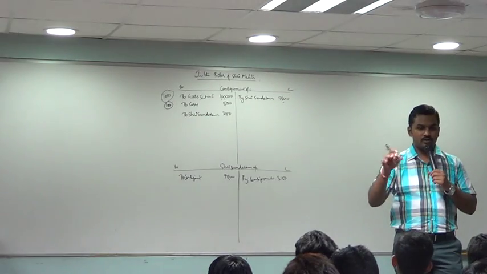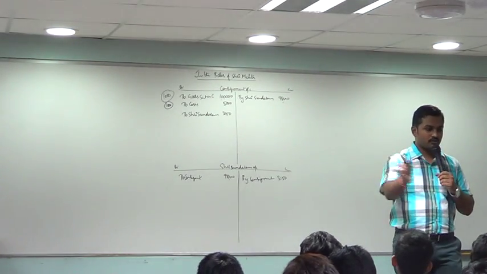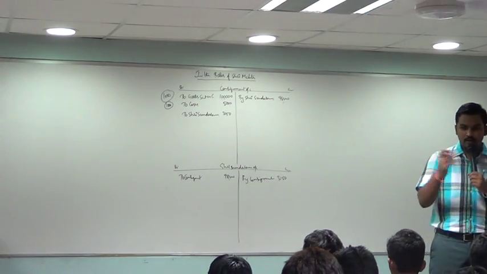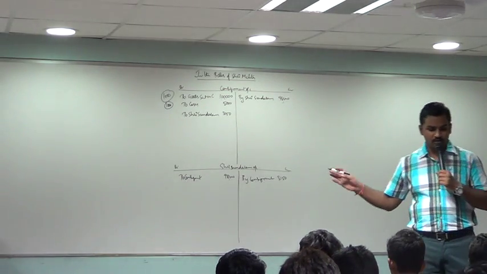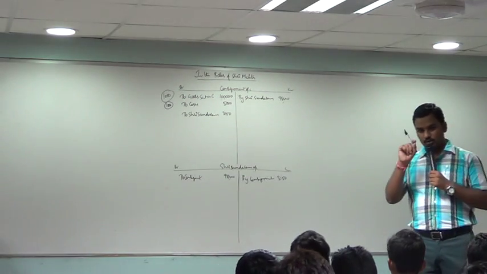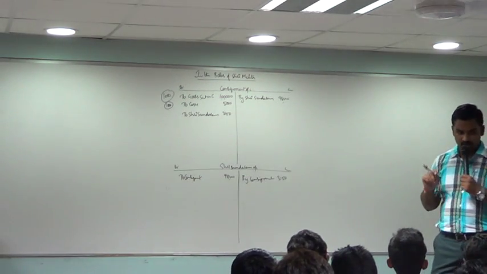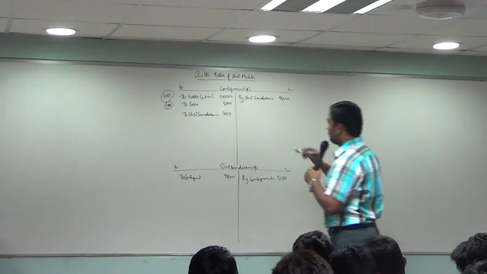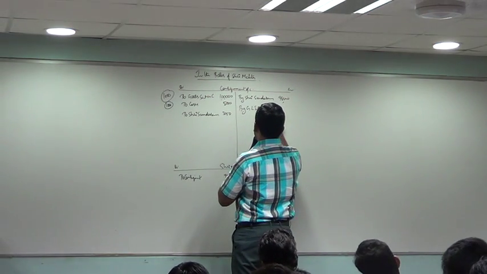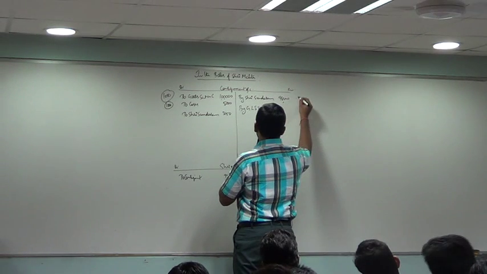But trading account is debited with total purchases. Out of them some goods are lost by fire, so we remove the cost price of those goods by crediting the account. Similarly here also, 50 boxes have been lost in transit. What are we going to write? Goods lost in transit account debit to consignment account. By goods lost in transit, 50 boxes.